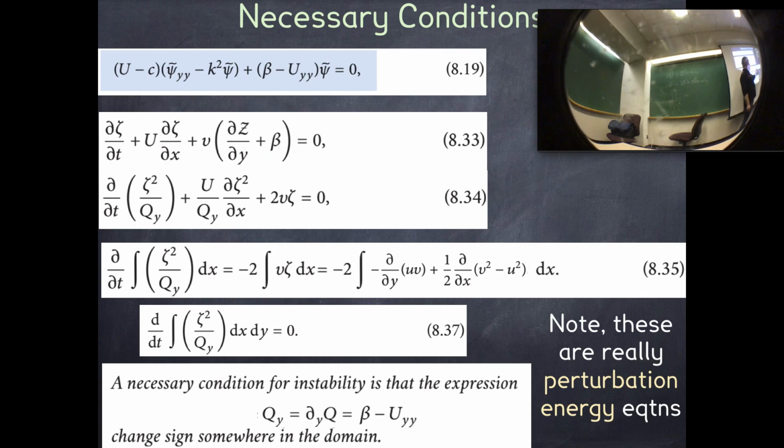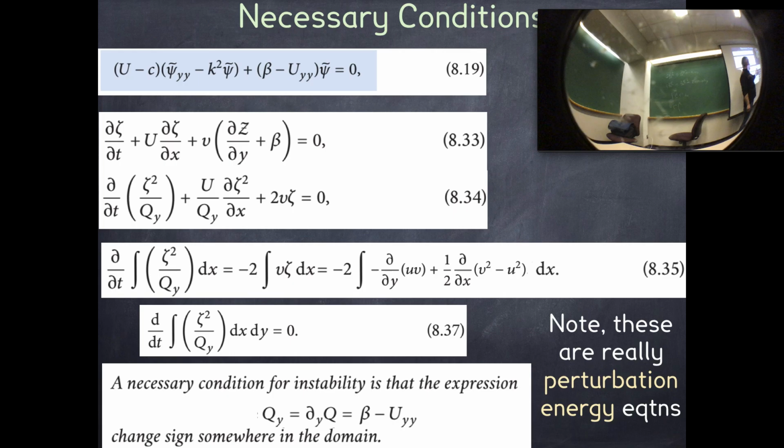What's going to happen to that? That's going to be 0. What about this guy? Don't know yet. But if we integrate by y as well as x, then it becomes 0 for the same reason. Because you're either going to infinity in the y direction, or you're going to some solid walls where either u or v vanishes. For whatever reason, this one is gone.